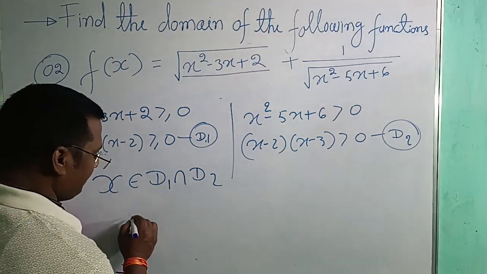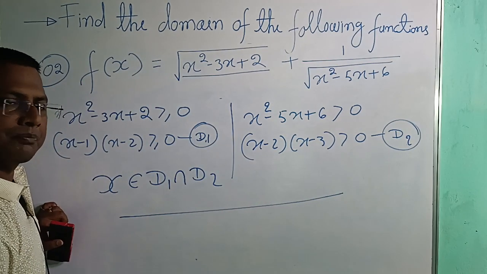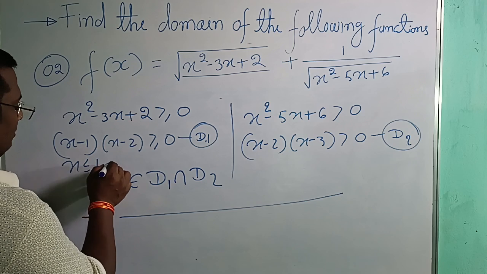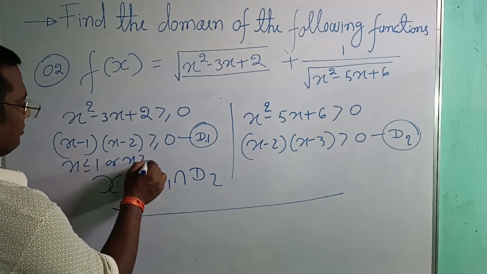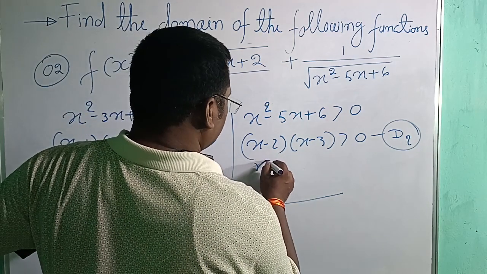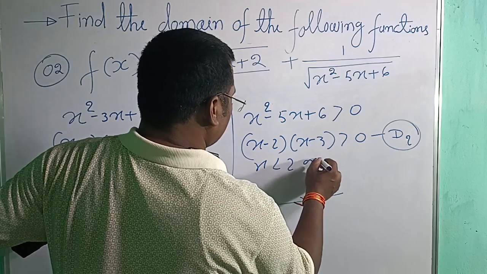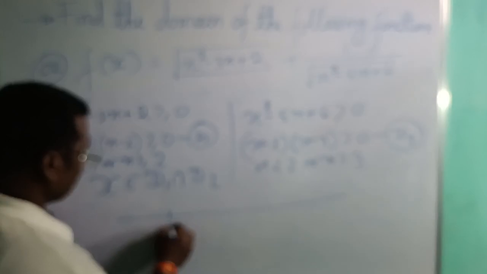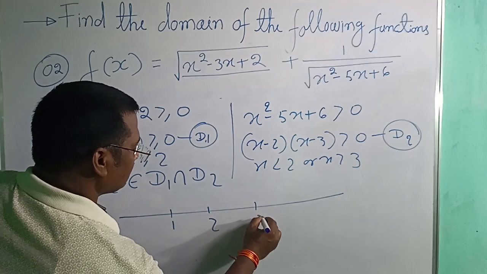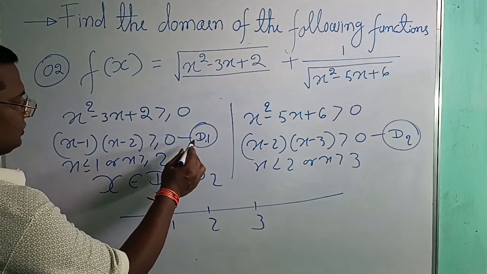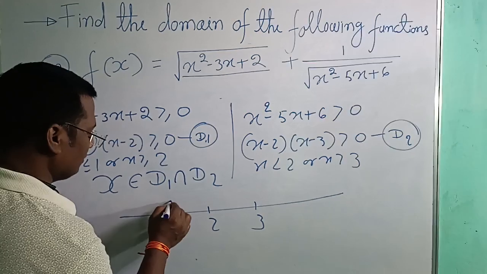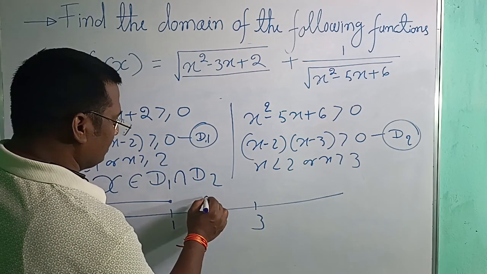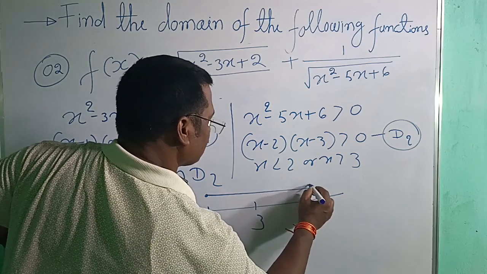So on the number line, this is x less than or equal to 1 or x greater than or equal to 2. This is x less than 2 or x greater than 3. So 1, 2, 3. This is domain number 1, x less than or equal to 1. Domain number 2, sorry, x greater than or equal to 2.